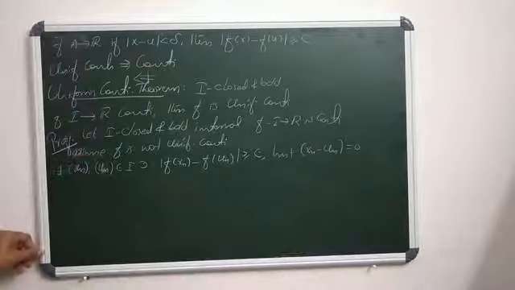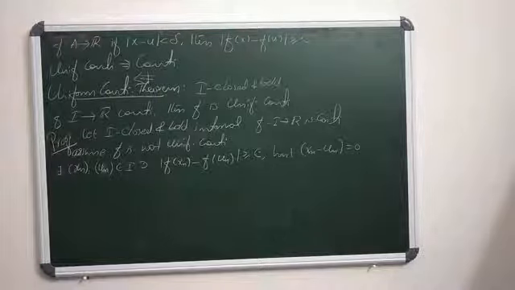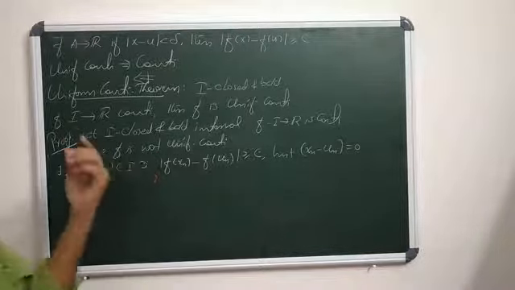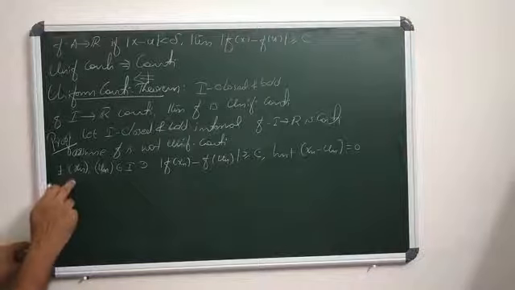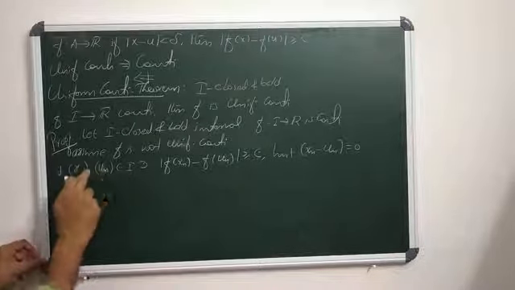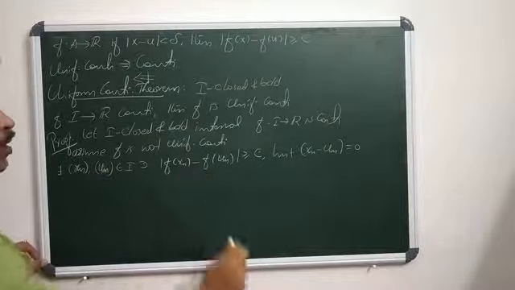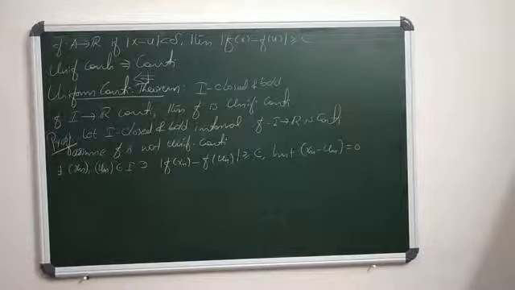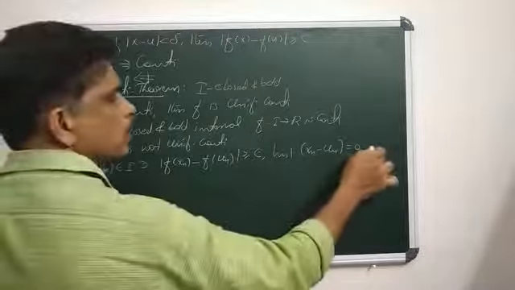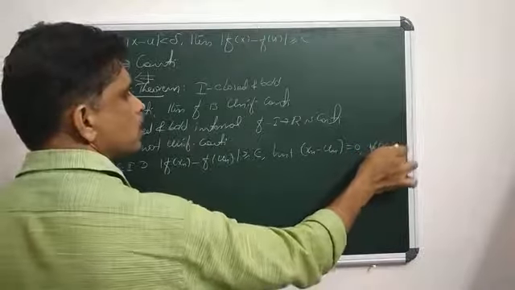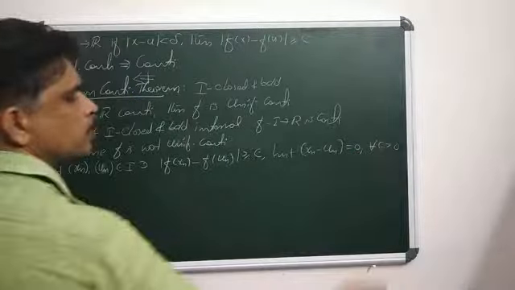So this is the criteria for non-uniform continuity, for some epsilon strictly positive.